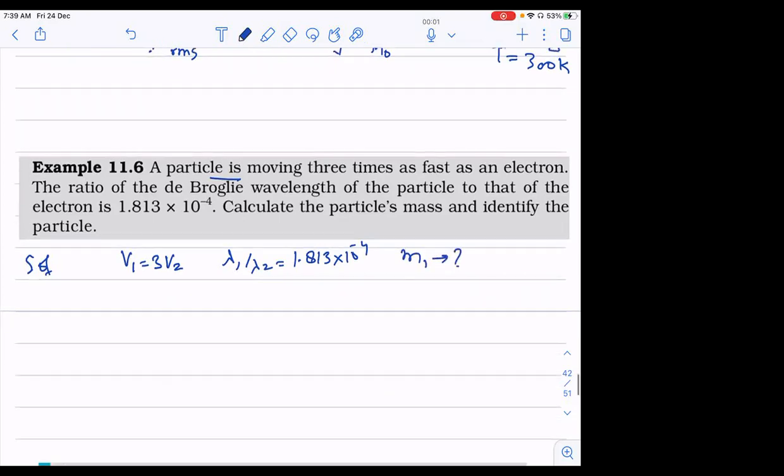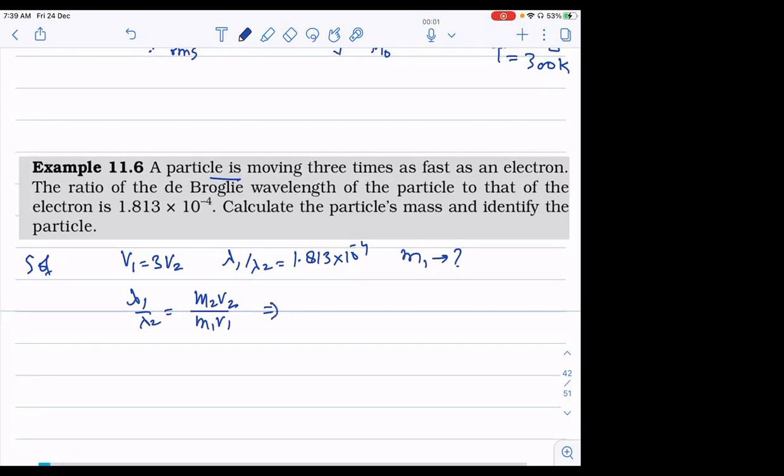Which formula? H upon mv वाला. H upon mv. तो H तो कैंसिल होगा. नीचे M1 V1, ऊपर M2 V2. If you put the value, okay. हमें क्या निकालना है? Particle's mass.